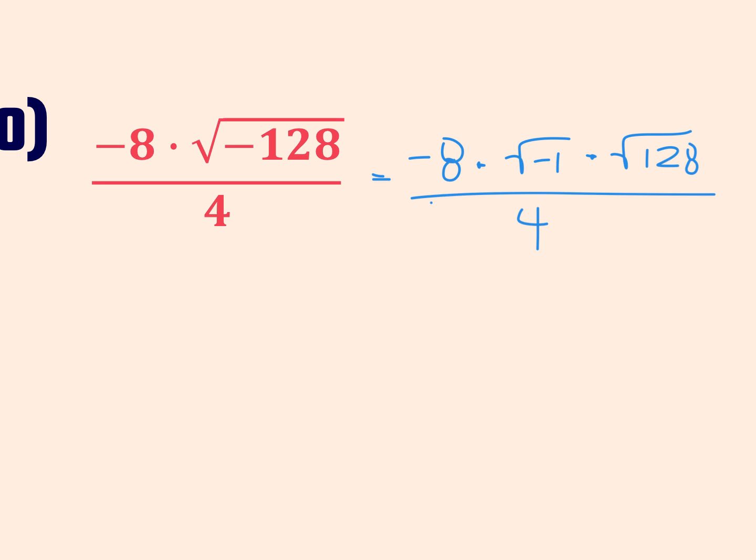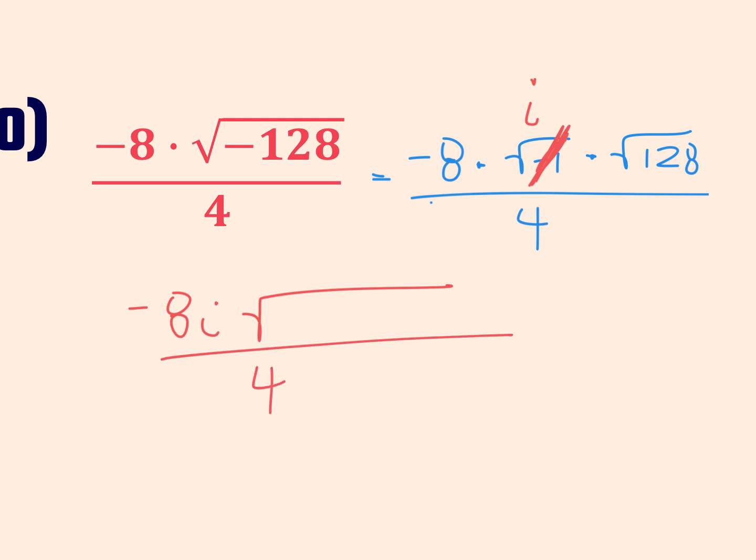A little bit of simplifying we can do. What is the square root of negative 1? I. So I can write this as negative 8i. And then let's break up 128. What are we going to break up 128 into? Think about a big perfect square. 64. Yep. What's 64 times what? There you go. Perfect.